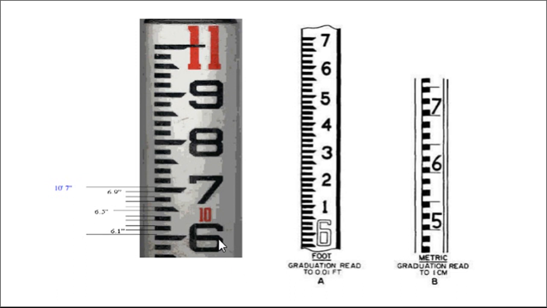Here the numbers are in centimeters, say 6 centimeter, 7, 8, 9, and this number is in meters. So if the crosshair is coming over here, then we can say the reading is 10.9, like this. So this is regarding a stadia rod or a leveling staff.